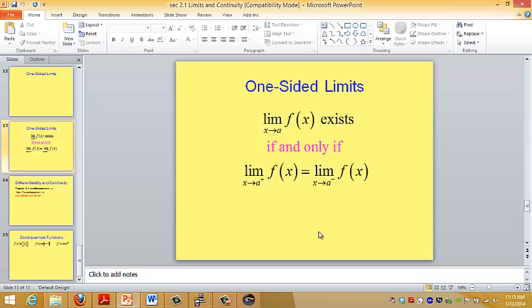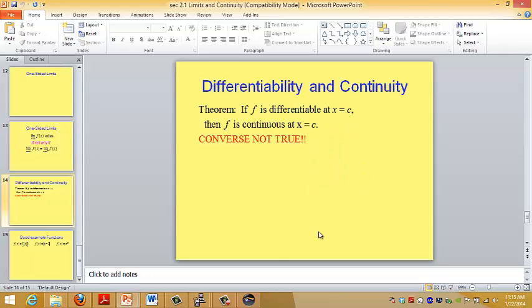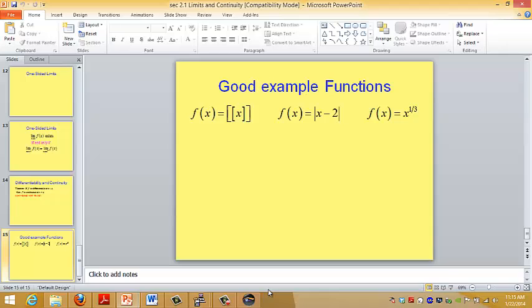As I come into a from the positive side, it has to be the same as if I come towards a from the negative side. Okay? That I'll do, but not yet. I thought maybe some of these example functions would be a smart thing for me to do with you.